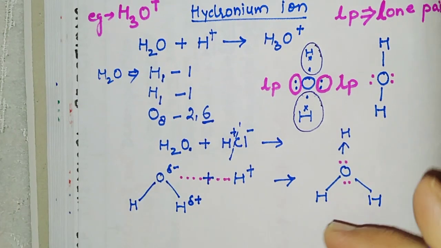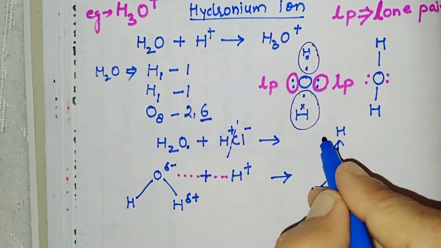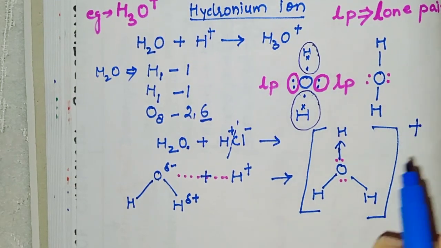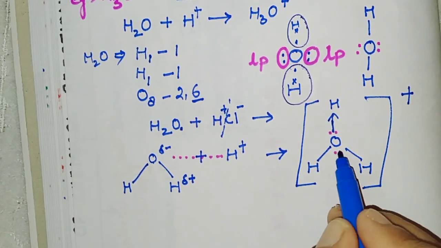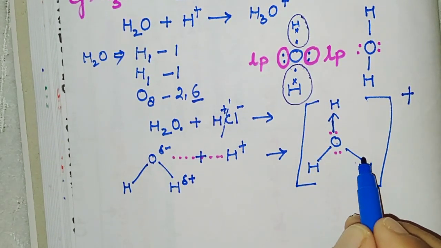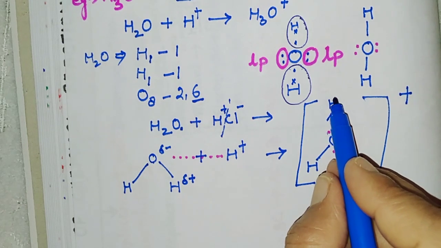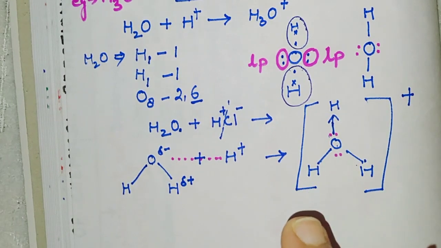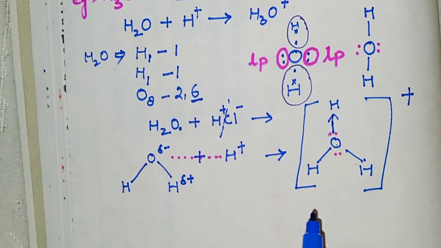So this will be completely donated to this H+, and this will become our hydronium ion. See the structure here, oxygen with 2 covalent bonds, and when this pair is completely shifted to H, this is our hydronium ion, or coordinate bond.